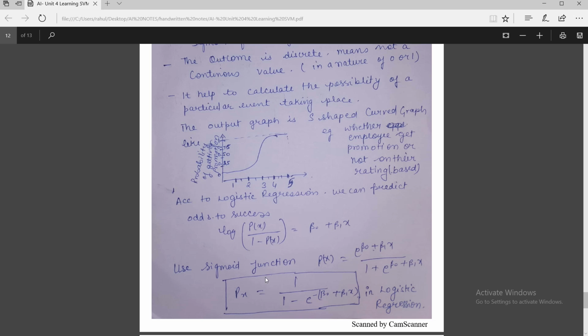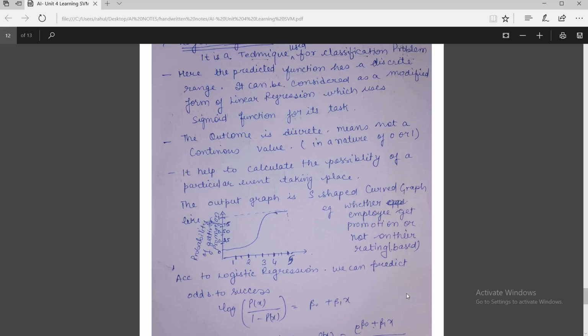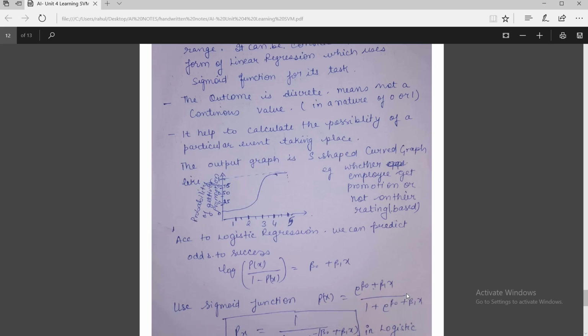By using the sigmoid function, we will be able to evaluate the probability factor of x by using this formula, and this will be called a linear regression equation, as we are using a sigmoid function for generating the logistic regression. So we can say that it uses a sigmoid function for its task to be represented.